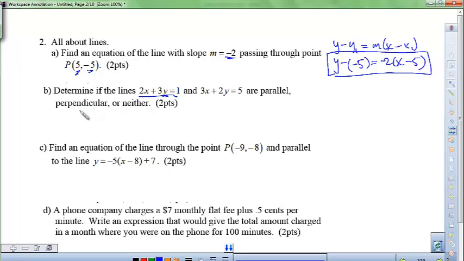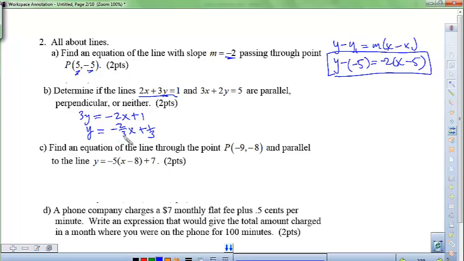Let's take 2x to the other side. 3y is equal to -2x plus 1. And I like to get the x first so it looks like the y equals mx plus b form when I divide through. So y is equal to -2/3 x plus 1/3. When you divide by 3, it has to distribute to those.